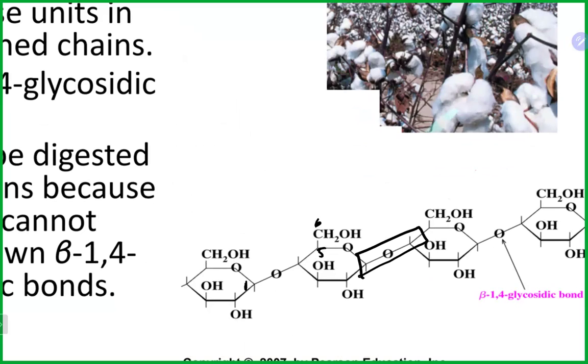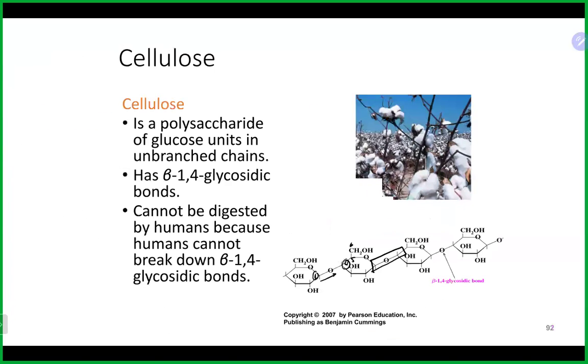And again, 6, 5, and 4 on that guy. And again, it's going upwards. And that's where the beta 1,4 connection basically comes from. Cannot be digested by humans, so you probably shouldn't eat it, I suppose. We can't really break down that beta 1,4 bond. That's not so good for us.